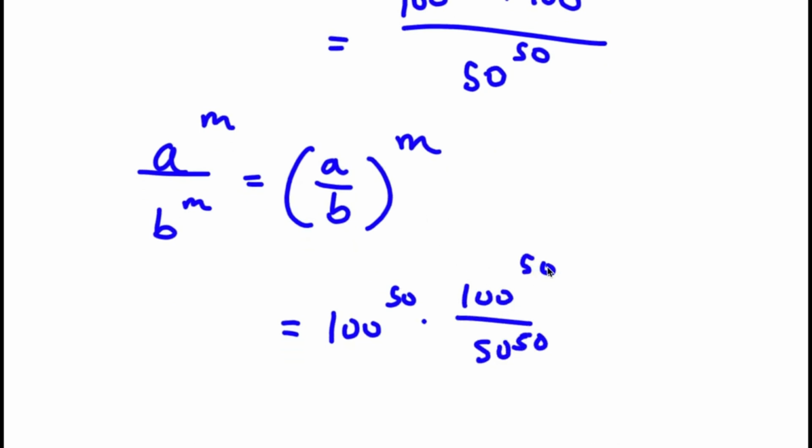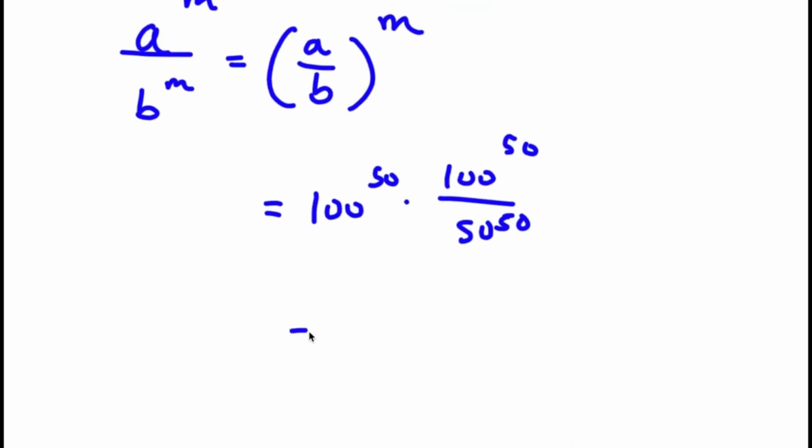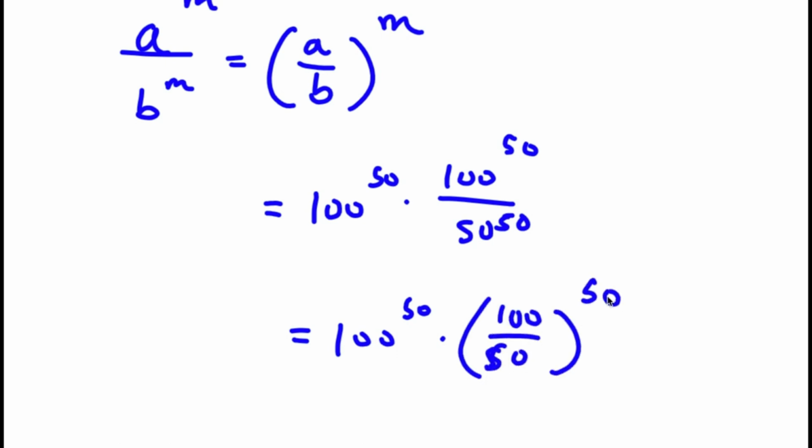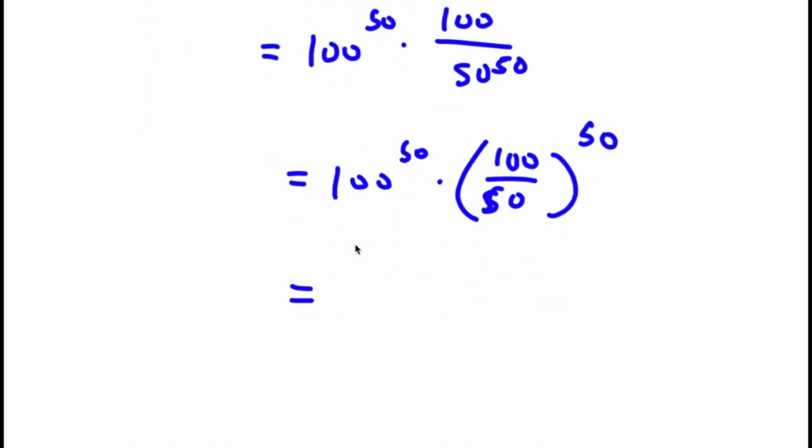And now I'm going to rewrite 100 to the power of 50 over 50 to the power of 50 as 100 over 50 to the power of 50. So now 100 divided by 50 is simply 2. So now I have 100 to the power of 50 times 2 to the power of 50.